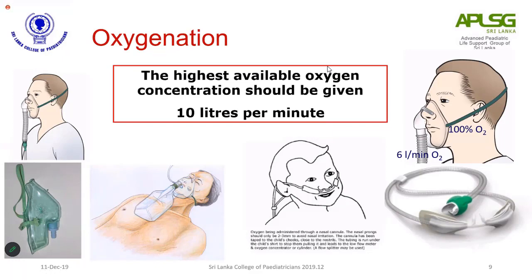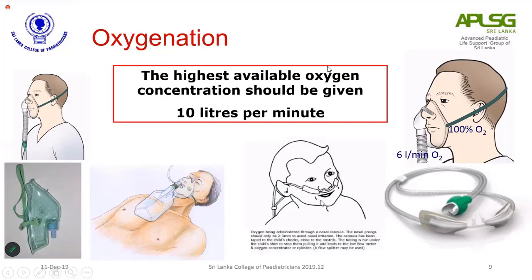Oxygenation for a child can be done by using various equipment. As you can see on this picture, you can use a Venturi mask, where you can deliver a specific calculated amount of oxygen per minute.